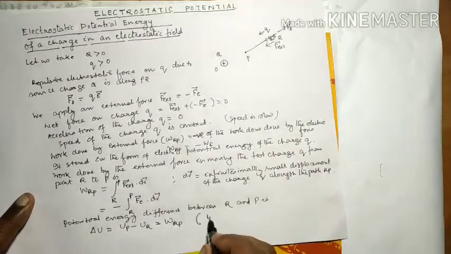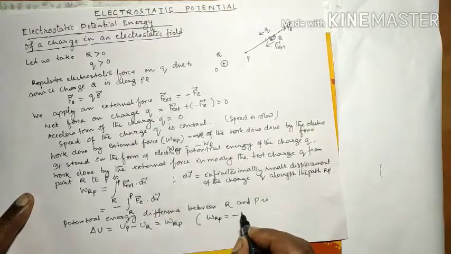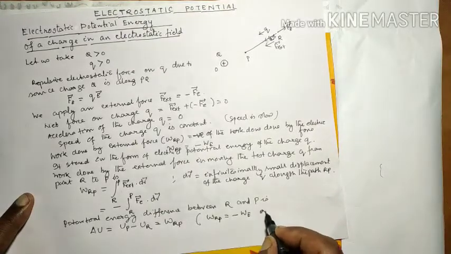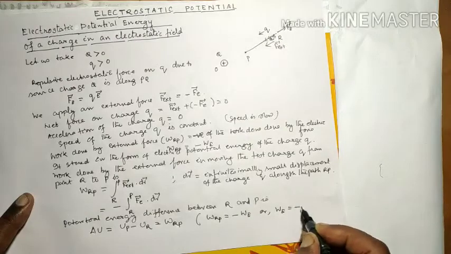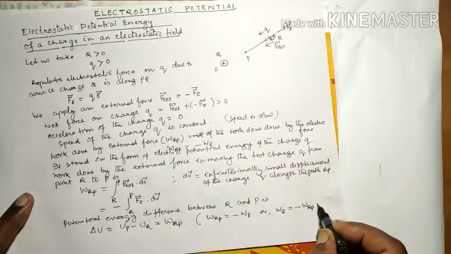And we know WRP is equal to minus WE, or we write WE is equal to minus WRP.